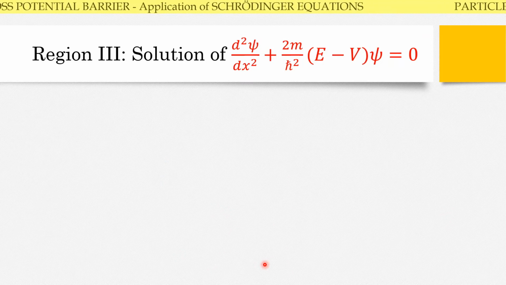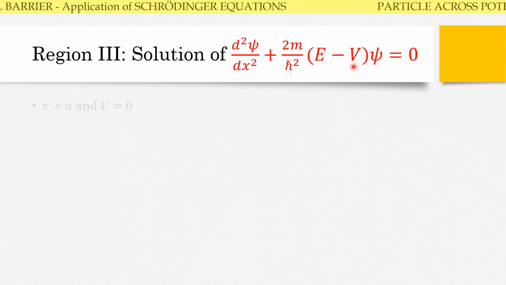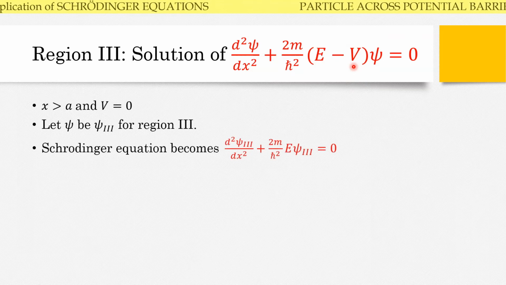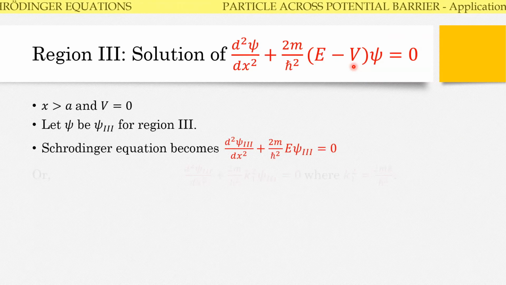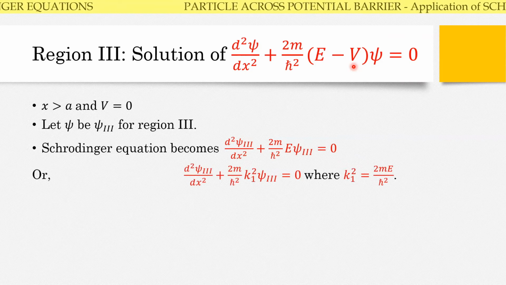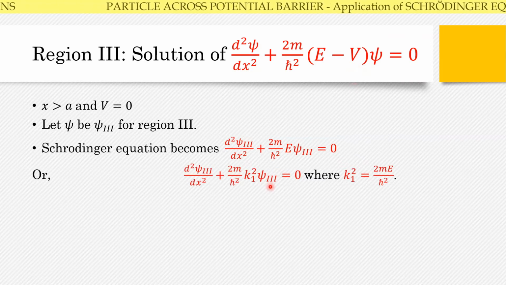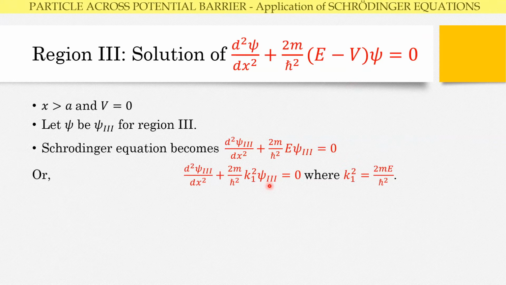For the region 3, psi becomes psi 3, and here V becomes 0 once again. So writing the Schrodinger equation for this region, you see, this becomes the same case as was in region 1, except that psi 3 appears here.